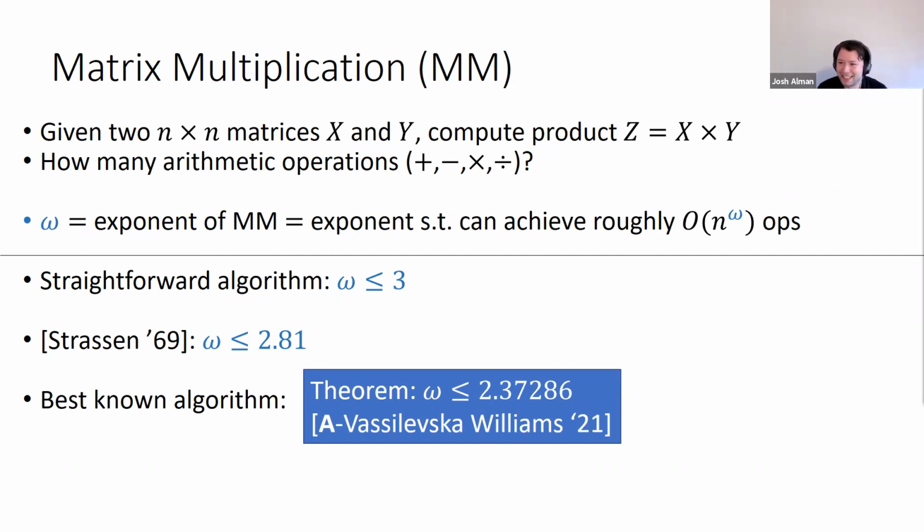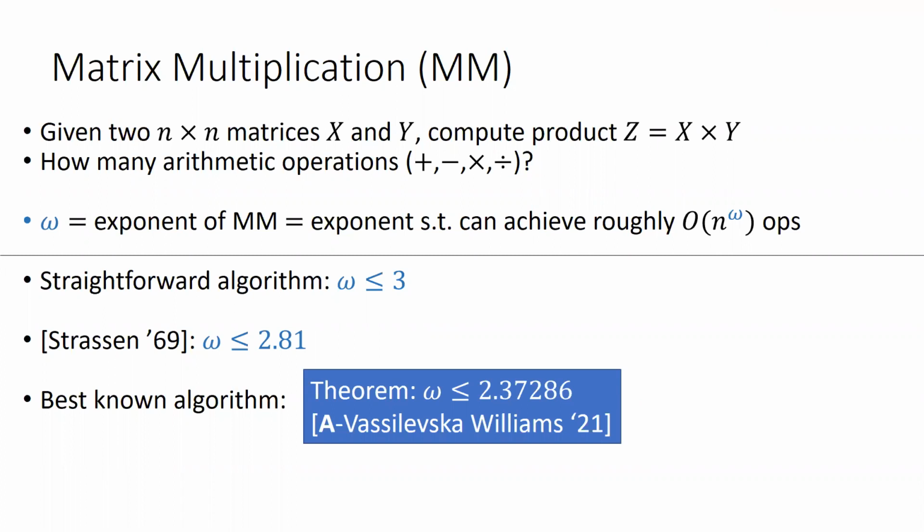There's a question? Yeah, I just had a small question. What is the best known, practically, the best practical implementation of the omega? That's a great question. I'll talk about it a little bit more later, actually.